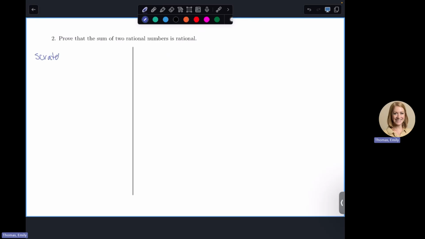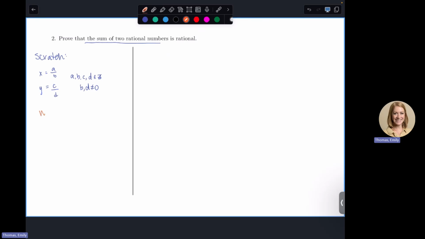So first I had a and b are. So you want to start with 2 rational numbers, yeah? So maybe x and y. So since they're rational, they will look like this, where a, b, c, and d are integers, where both b and d are not 0.